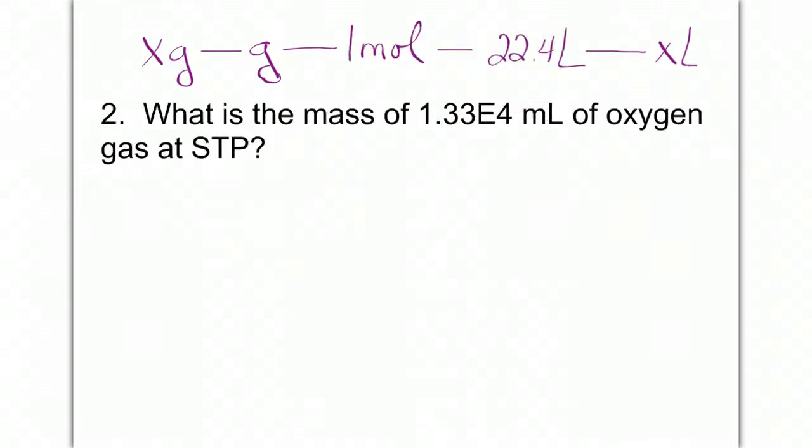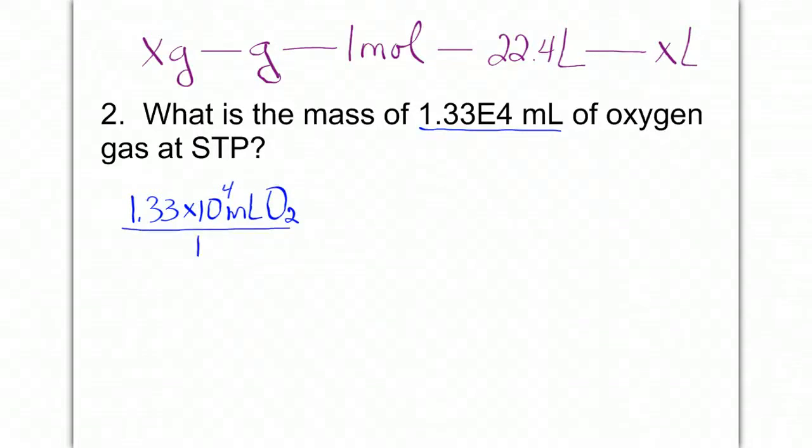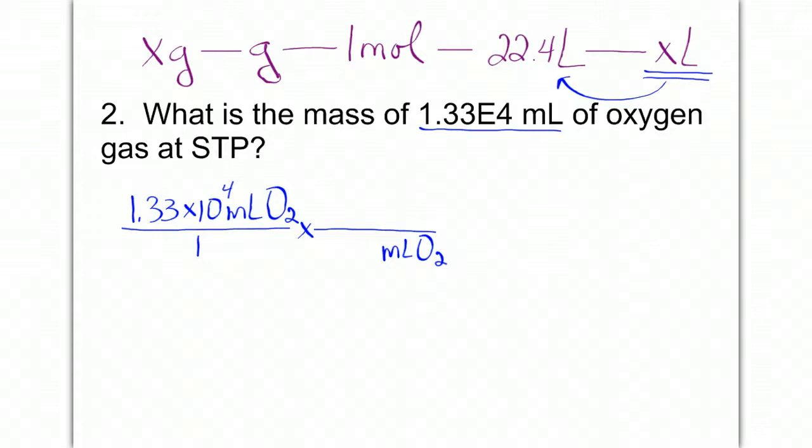Number 2, given 1.33 times 10 to the 4, which is what E stands for, times 10, milliliters, oxygen gas again, I'll put it over 1, times, draw a line. Bring down milliliters of oxygen, and notice that we are here at X liter. We're going to go from milliliters to liters of oxygen based on our map.